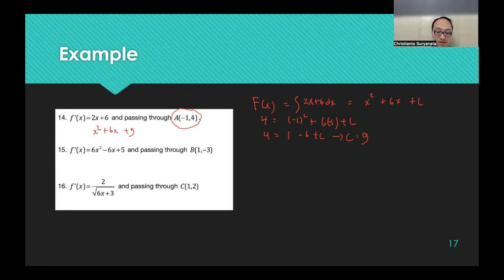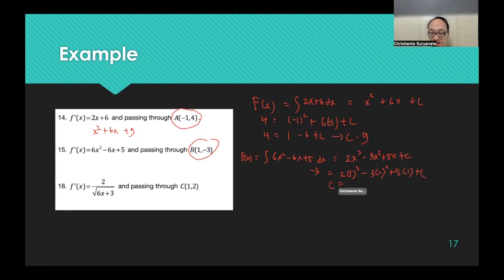15. So integral of 6x squared minus 6x plus 5 dx. So this is 2x cubed minus 3x squared plus 5x plus c. And then replace the coordinate. So it's negative 3. This is f(x) here. Equals 2 times 1 cubed minus 3 times 1 squared plus 5 times 1 plus c.